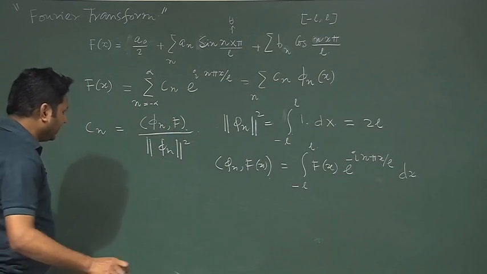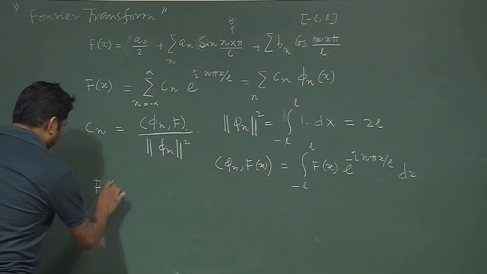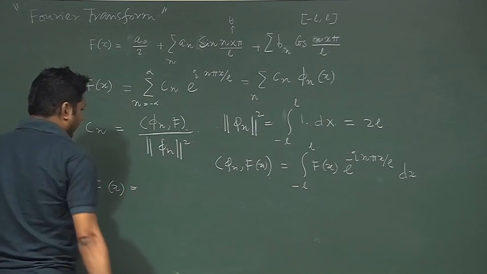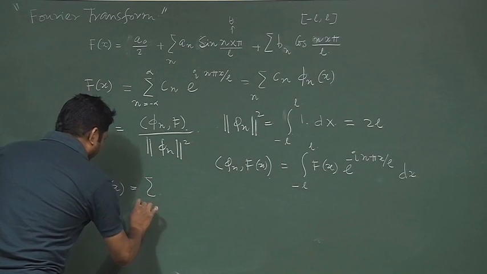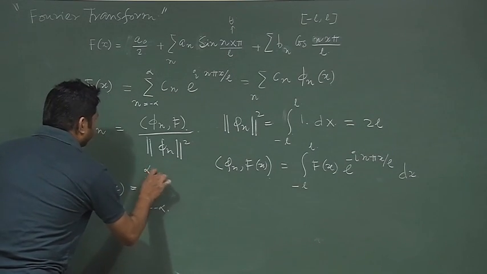So now I should write the entire thing here. So f of x is the summation of n from minus infinity to infinity.